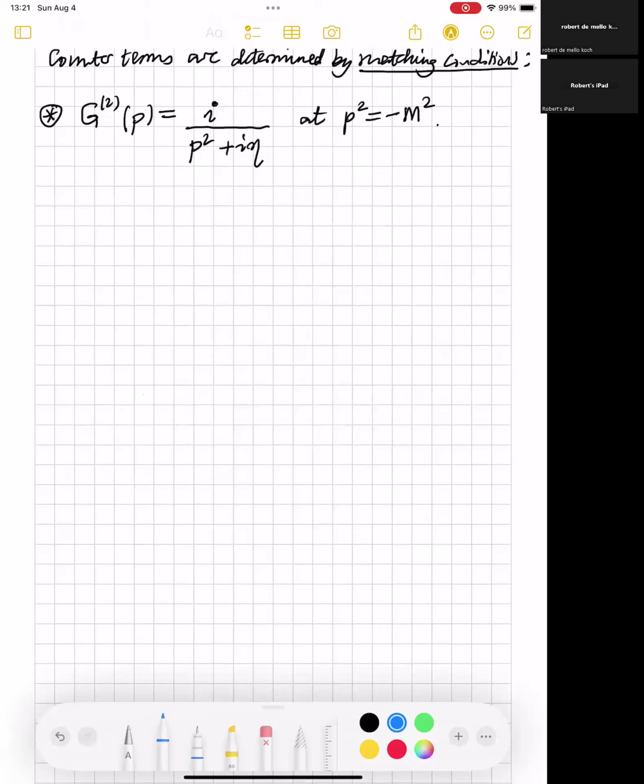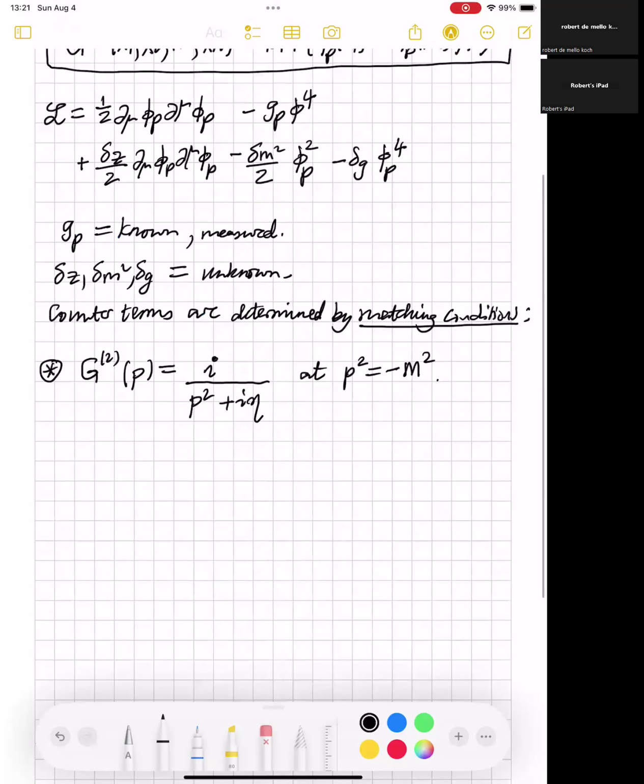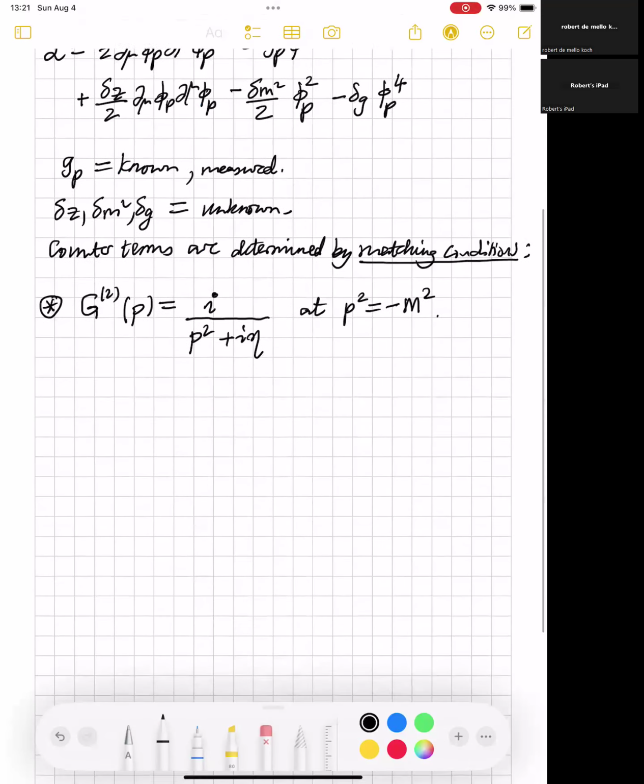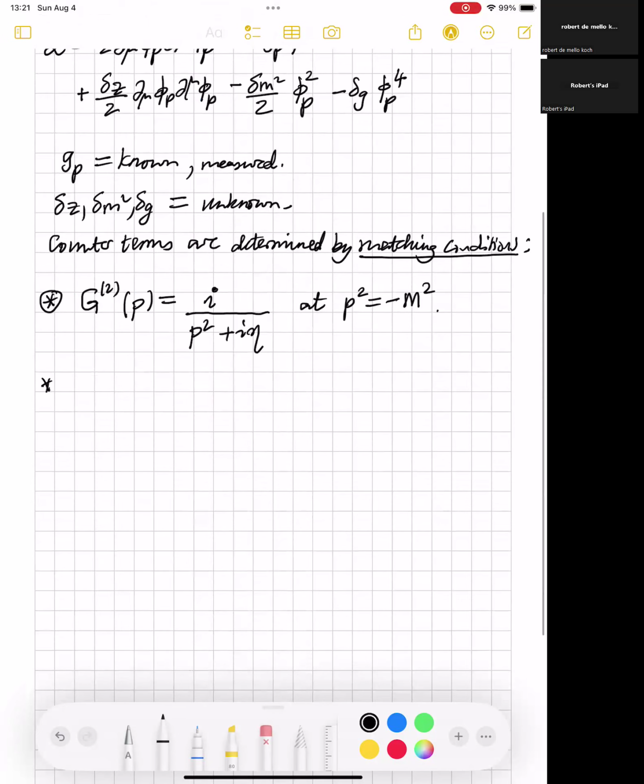To set the last parameter, we're going to use a matching condition that determines the coupling. And it too is a slight change from what you've seen before. It's again written in terms of the Fourier transform of now the 4-point function. And just as we did previously, we want the connected 4-point function and we want the amputated 4-point function, which means we drop the external legs.